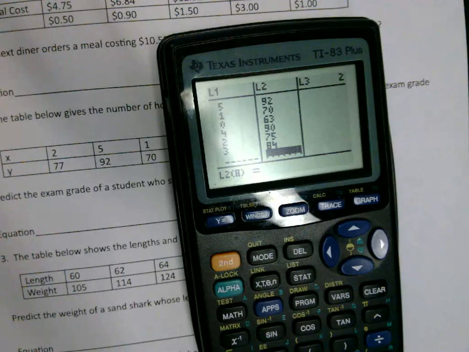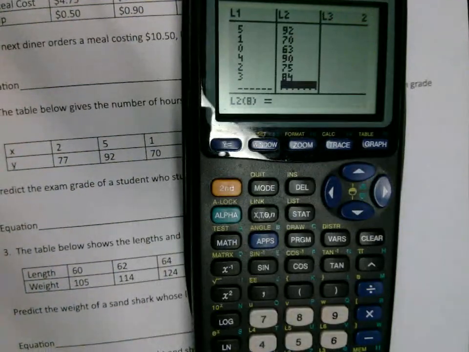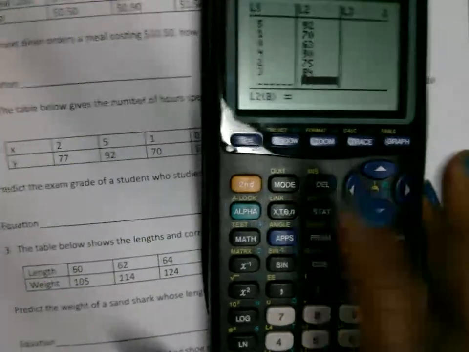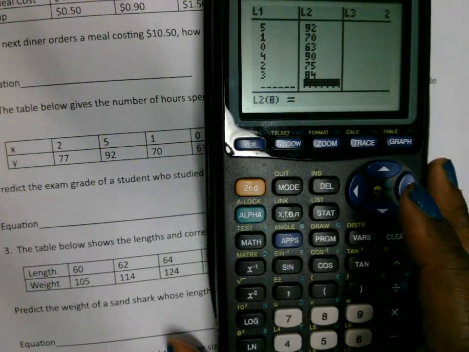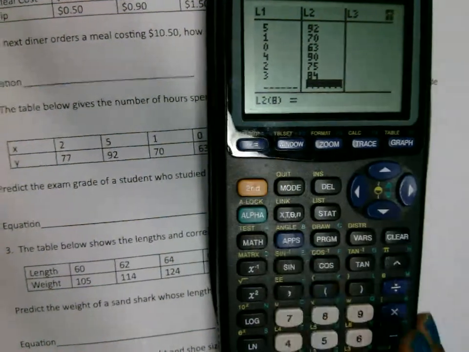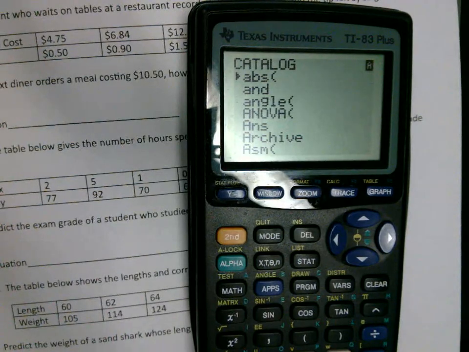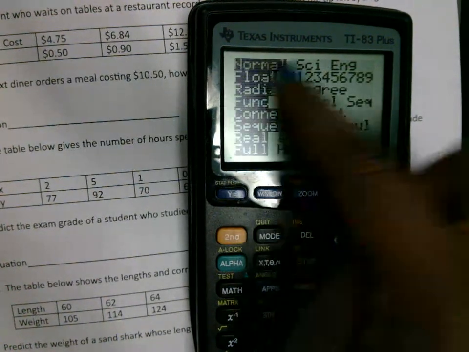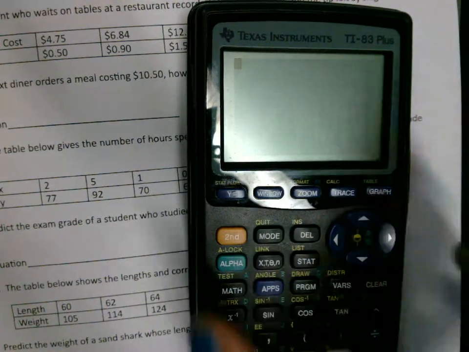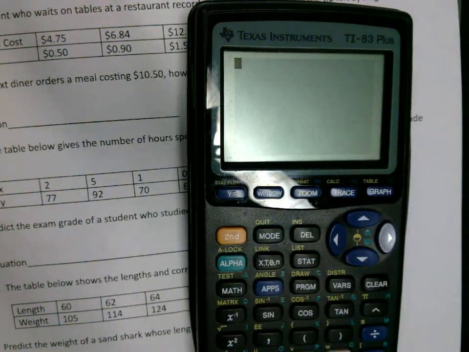We good? All right. So now we're going to do line of best fit. I want to practice doing correlation coefficient because that's something that you're going to possibly have on your test. So I'm going to go ahead and turn diagnostic on. Where do I go to do diagnostic on? Catalog. Second zero. Let's go to catalog. Make sure you're on the main screen, because we want to type diagnostic here.